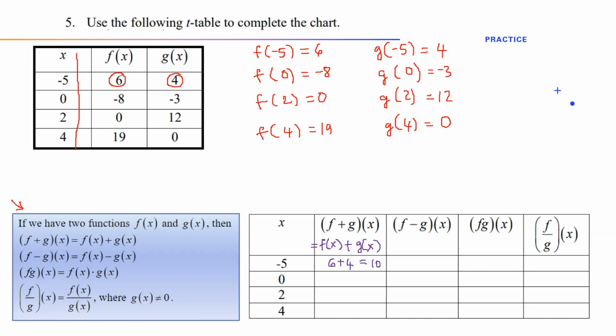Okay, so we read the second one, f of 0 plus g of 0, negative 8 plus negative 3, that is negative 11. Now for the 2, f of 2 equals 0, g of 2 equals 12, so 12 plus 0 is 12. Now f of 4 plus g of 4, that is 19 plus 0, which is 19.